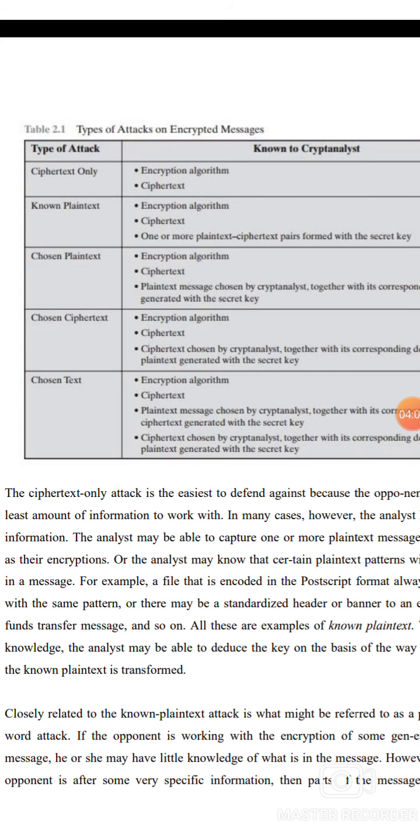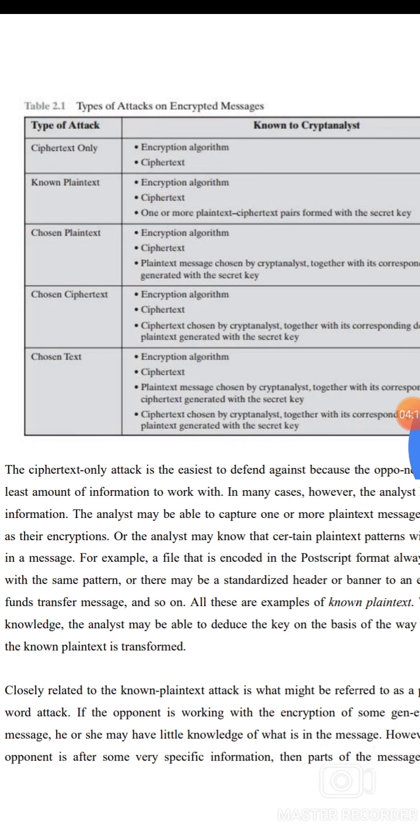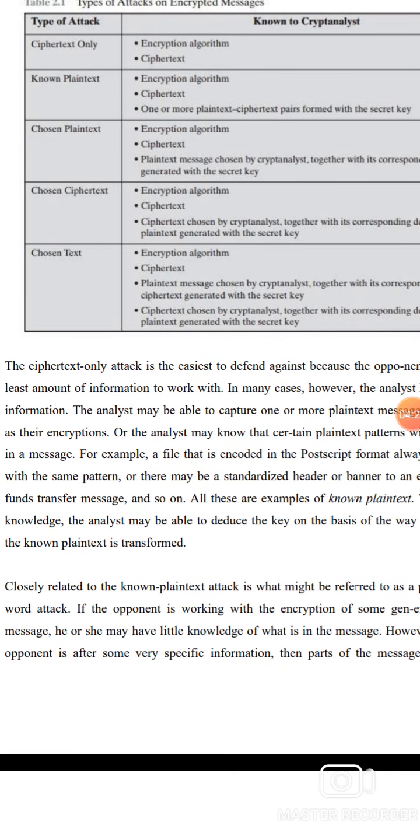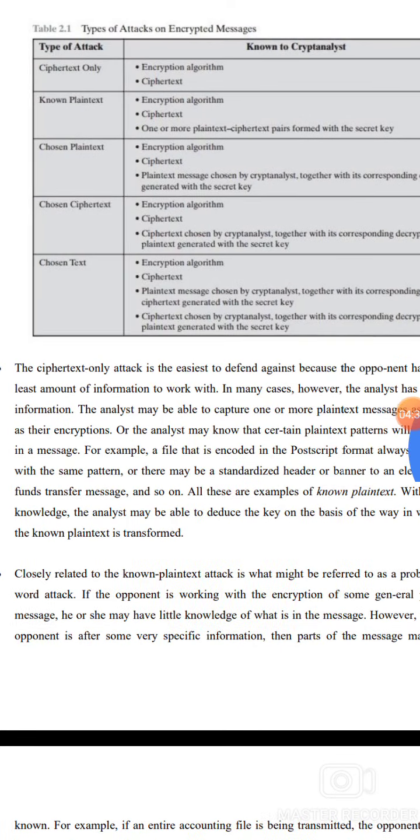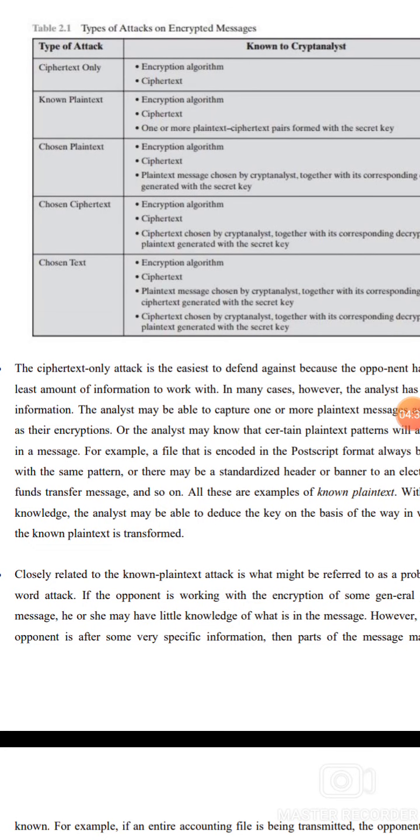Chosen ciphertext: the encryption algorithm, the ciphertext, and ciphertext chosen by the cryptanalyst, together with the corresponding decrypted plain text generated with the secret key. Chosen text: the encryption algorithm, the ciphertext, a plain text message chosen by the cryptanalyst, and ciphertext chosen by the cryptanalyst together with the corresponding plain text generated with the secret key.